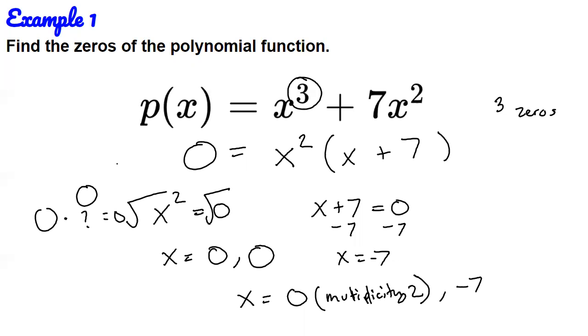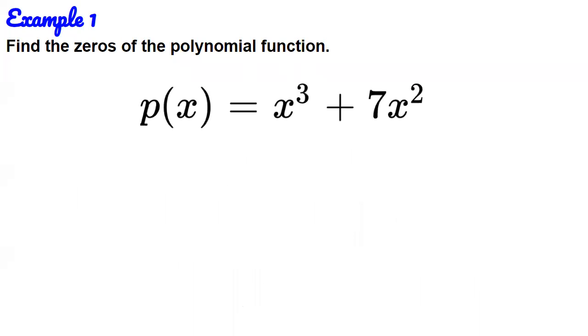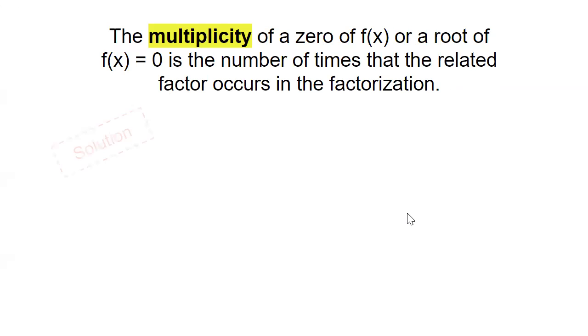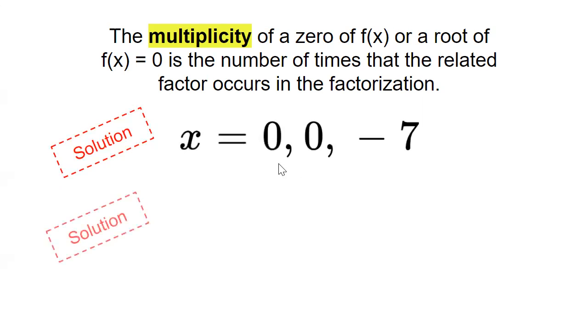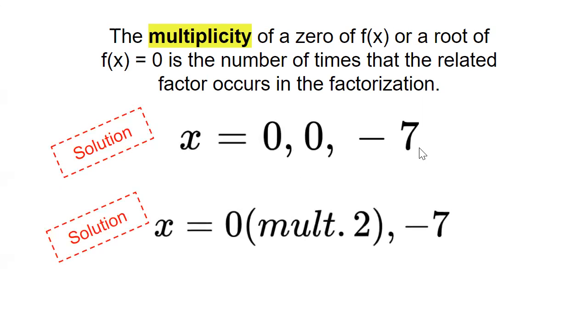Now, let me go ahead and show you guys really quickly. Everybody has this? Okay, let me go ahead and clear. So this is what we had. We had multiplicity. Our solution was x equals 0, 0, and -7. Multiplicity means that if a 0 of f of x, or p of x in this case, is a root where f of x equals 0, it is the number of times the related factor occurs when it's being factorized.